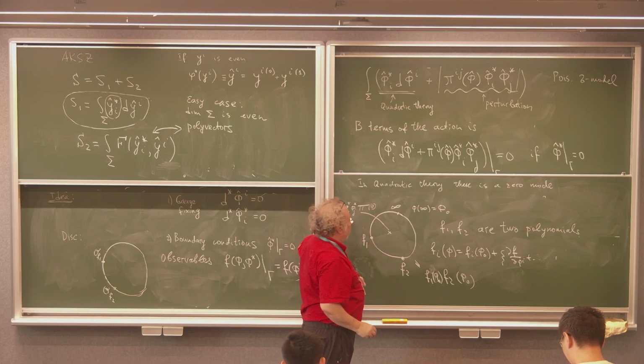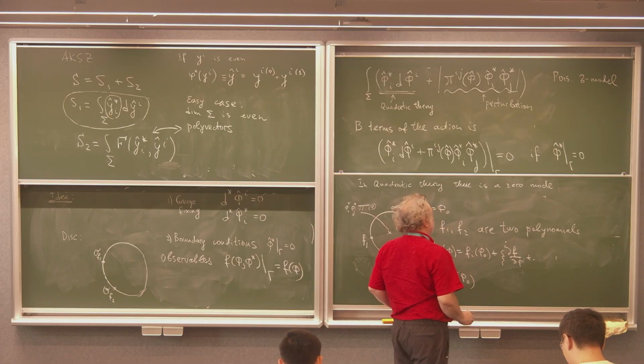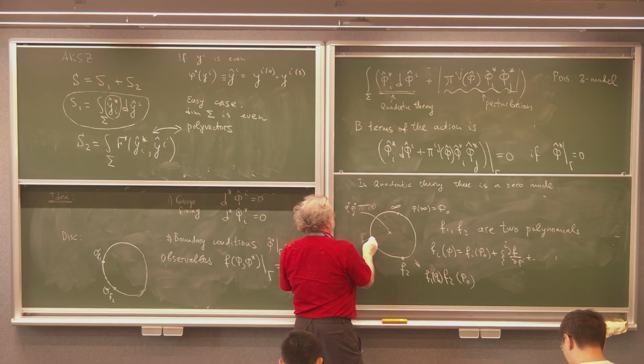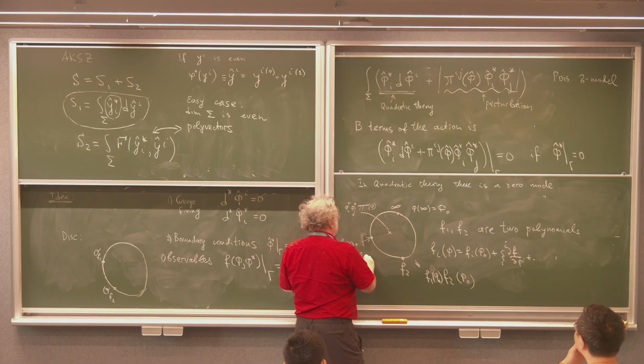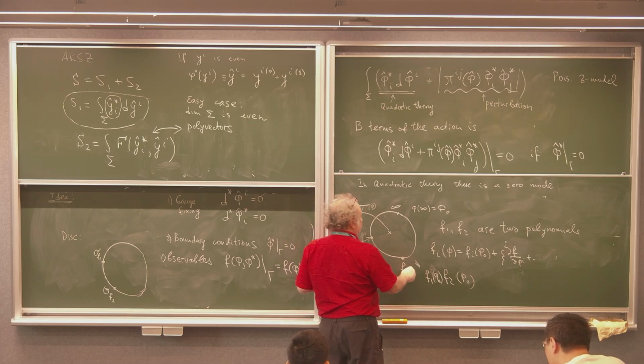Now fields phi i star, phi j star have propagators with the fields psi. So here I have now F1 of phi 0 plus d_j F1 at phi 0 times psi j. And the same here.